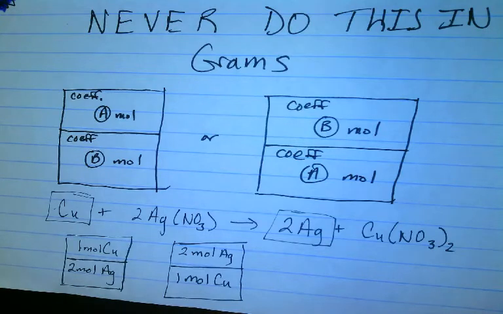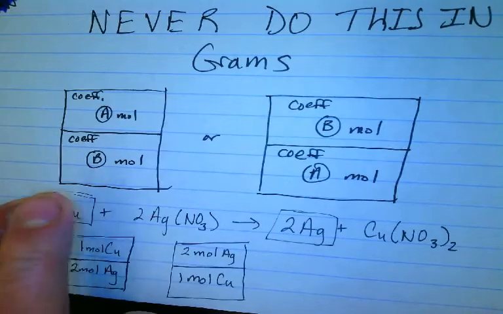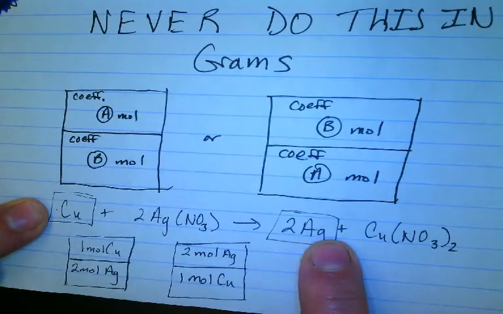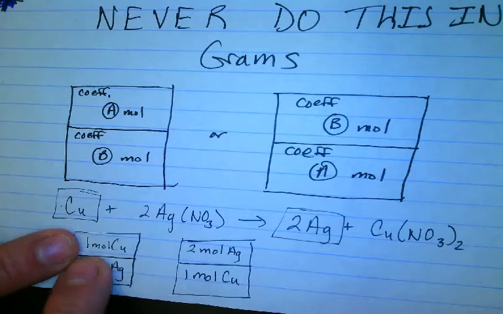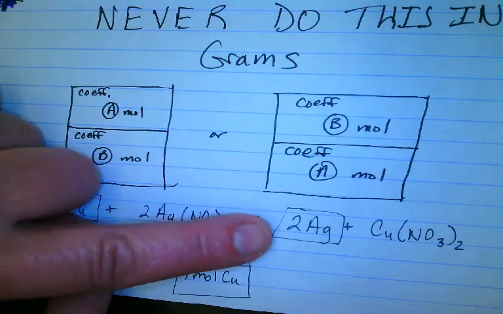So what I would do to set this domino up to convert from copper to silver. If I put in 5 moles of copper here, this will tell me exactly how many moles of silver I'm going to get. See that? So I'm going to make my domino. I get the 1 from the coefficient in front of the copper, and I get the 2.